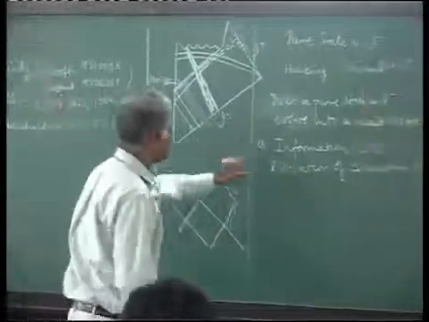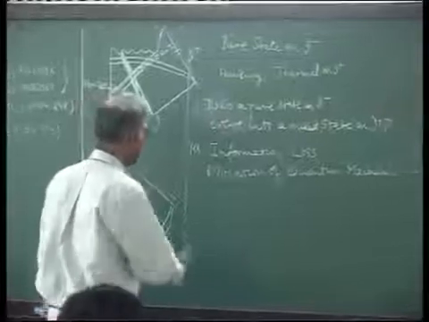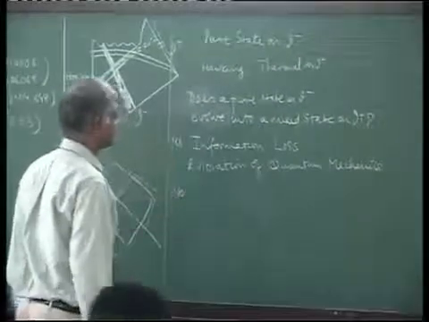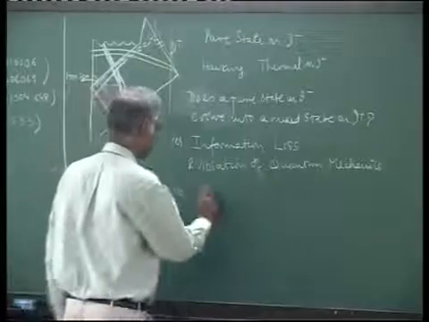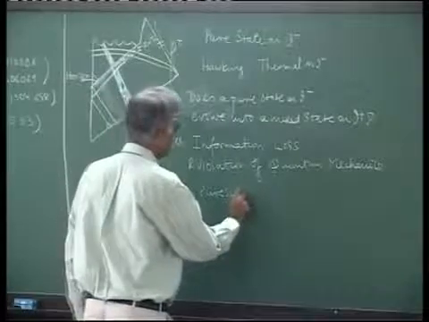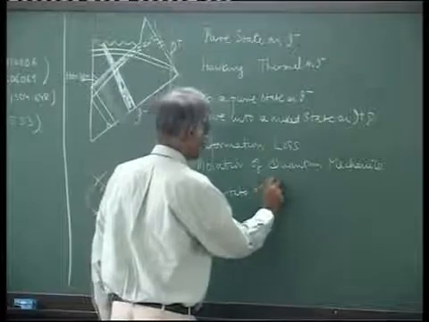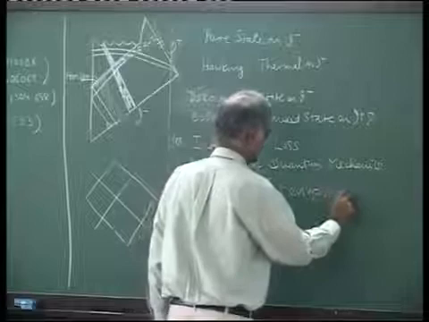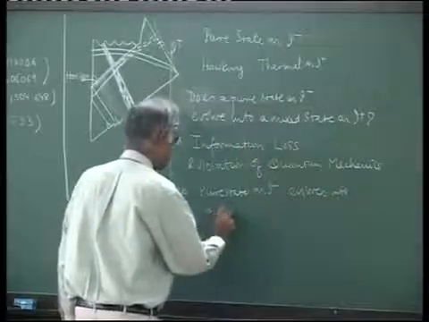So, this was one possible answer. Another one, as I said, was no: a pure state does not evolve into a mixed state, but a pure state on Scri minus evolves into a pure state on Scri plus.